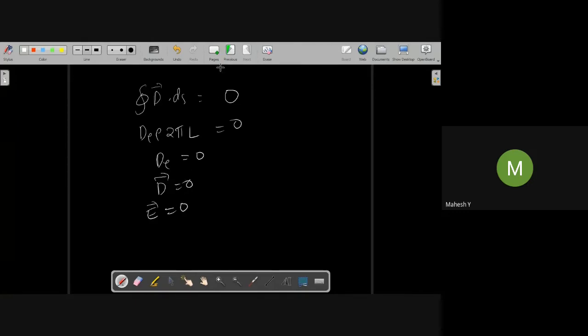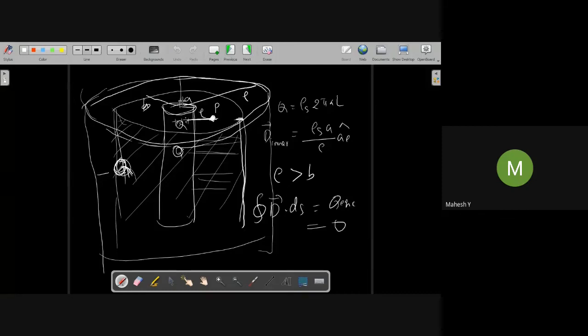So outside the coaxial cable, if you measure the electric field intensity, it will be 0 according to Gauss's law. Gauss's law states that the total flux enclosed by the surface is equal to the charge enclosed. So outside the coaxial cable, the total charge enclosed will be Q plus minus Q, because the outer one has a charge minus Q, so that will be 0.